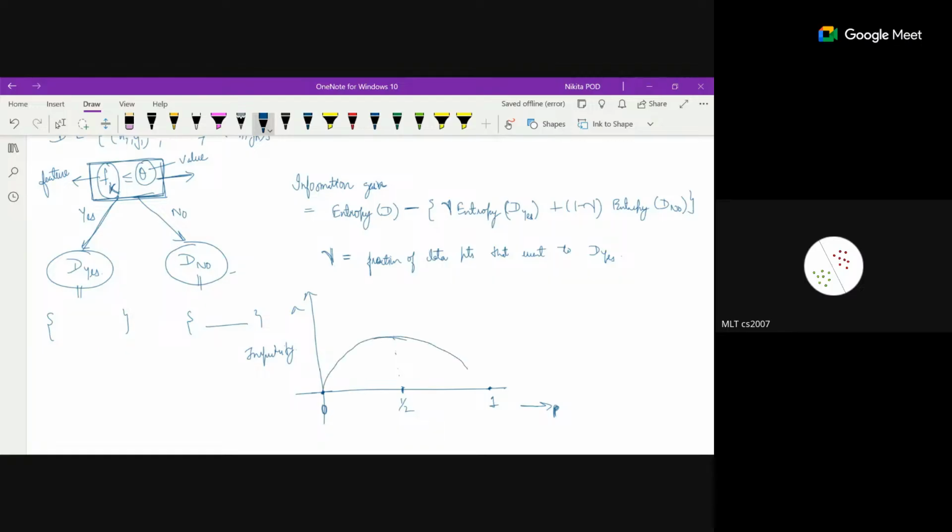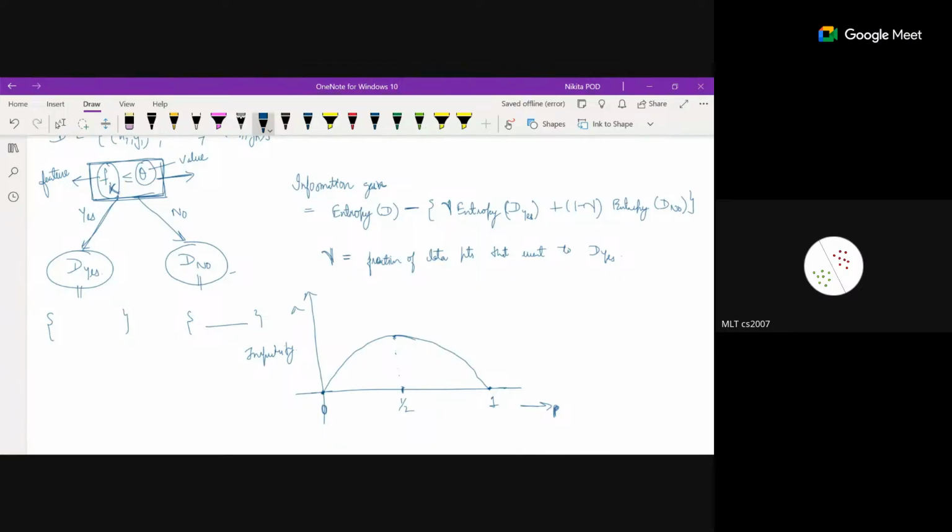When you plot the graph, it's going to look something like this. This is a symmetric function where the highest impurity will be at the point when p is equal to half. p equal to half means half of the data set has label 0 and half of the data set has label 1.